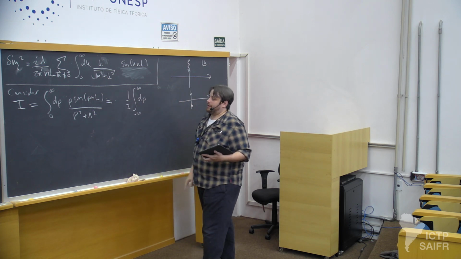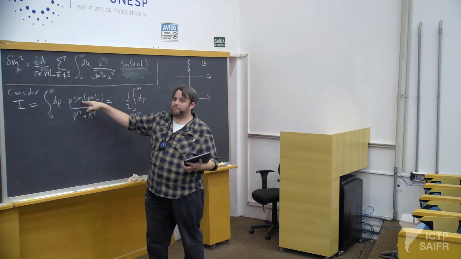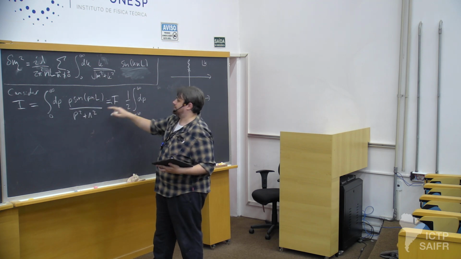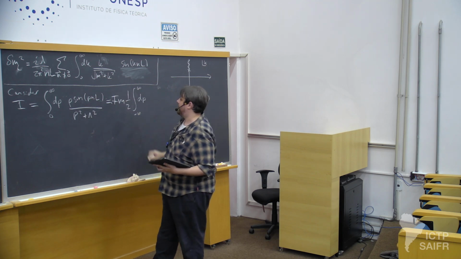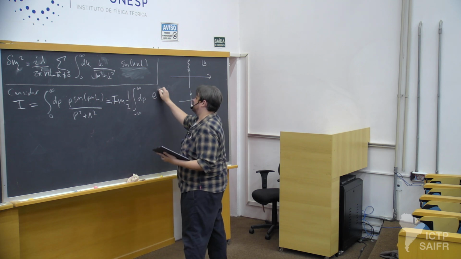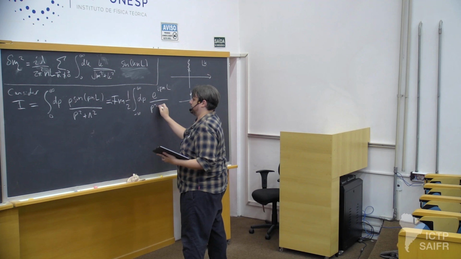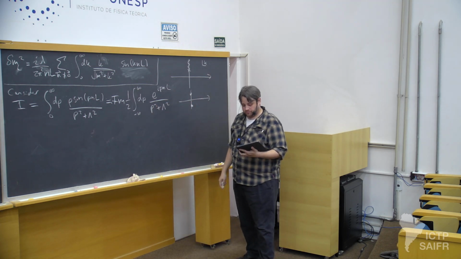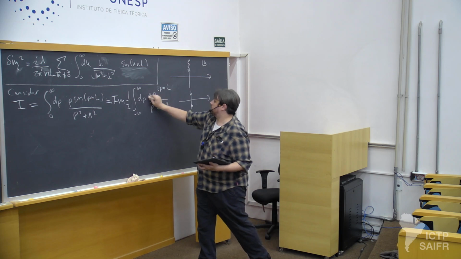Then I'm going to do another thing. Sine is the imaginary part of the complex exponential. This is a real integrand, so I'm going to write the imaginary part of e to the i p n L over p squared plus lambda squared.